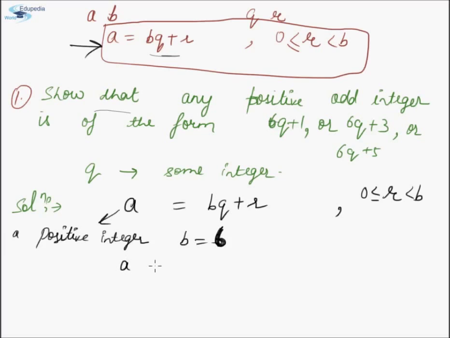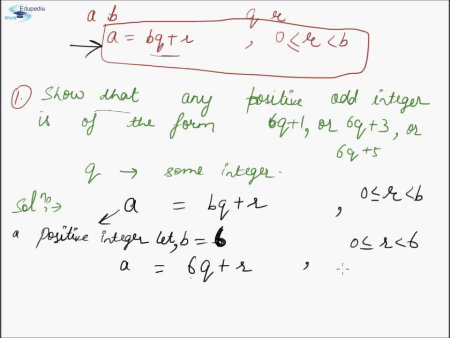Thus the equation becomes a equals 6q plus r, where r can be any value between 0 and 6 because b has been assumed to be 6. r can also be equal to 0.